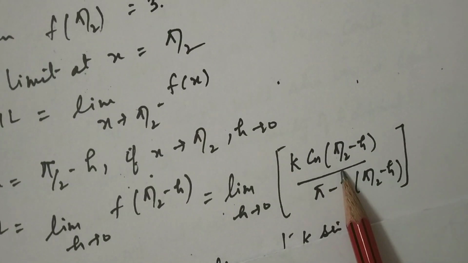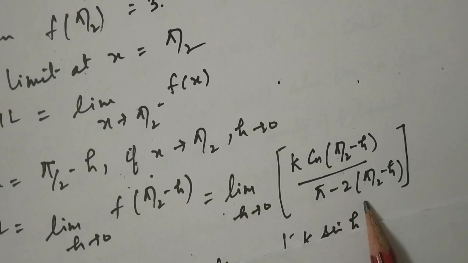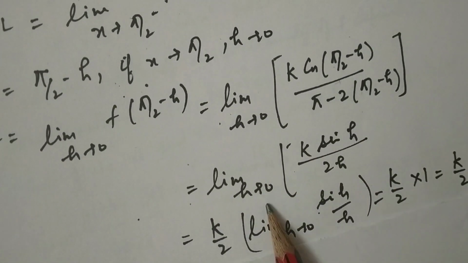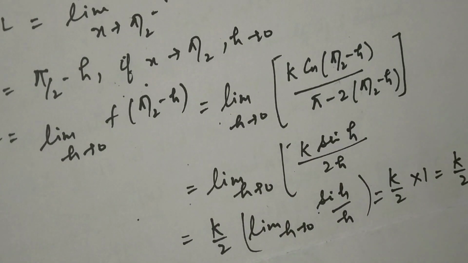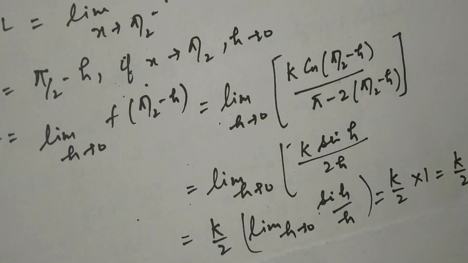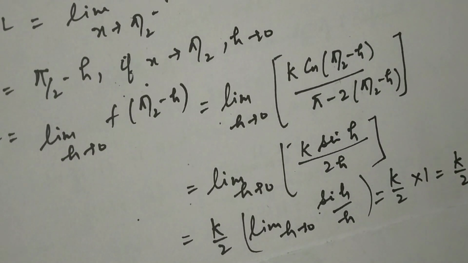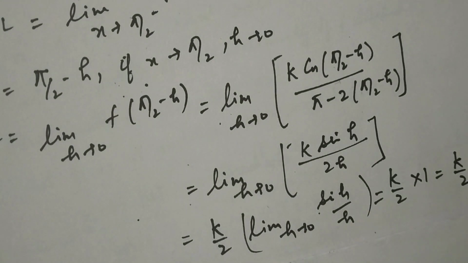I keep the value in the given function and solve it, and I see here limit h tending to 0, pi k sin h, because cos(pi by 2 minus h) will give me sin h, upon 2h.